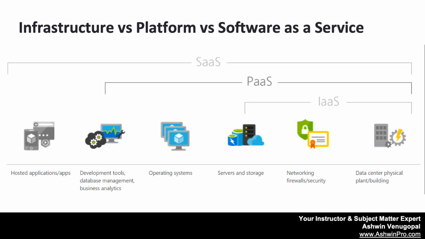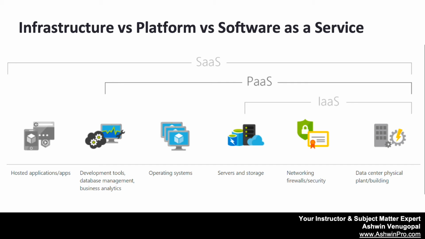All right, so to give a better understanding of infrastructure as a service, platform as a service, or software as a service, let's look at infrastructure as a service. This is given by a service provider.